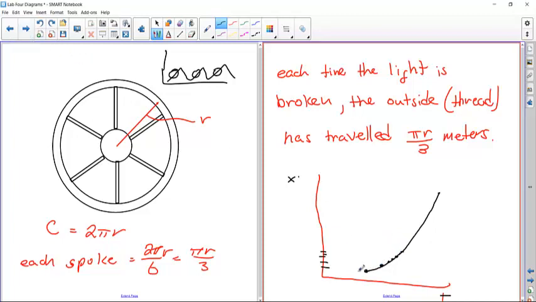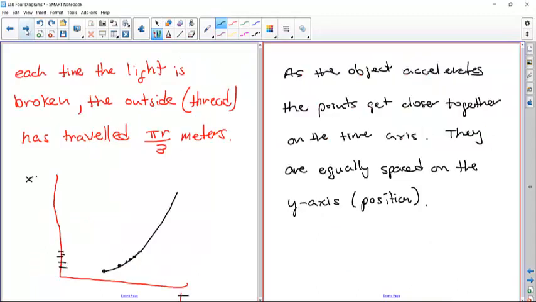You'll see the same kind of thing if you plot velocity versus time. But we will get a linear region as the objects accelerate, and the slope of that line will be the acceleration. So as the object accelerates, the points get closer together on the time axis, but they're equally spaced on the x-axis.